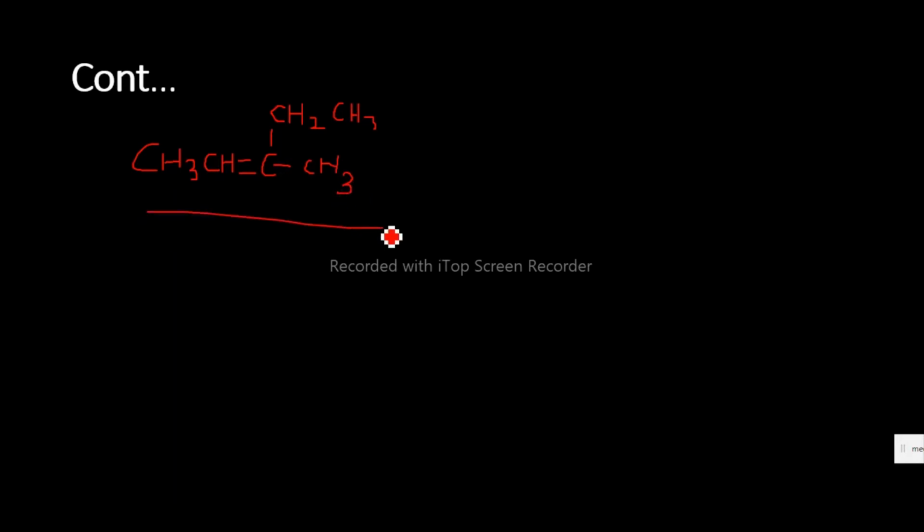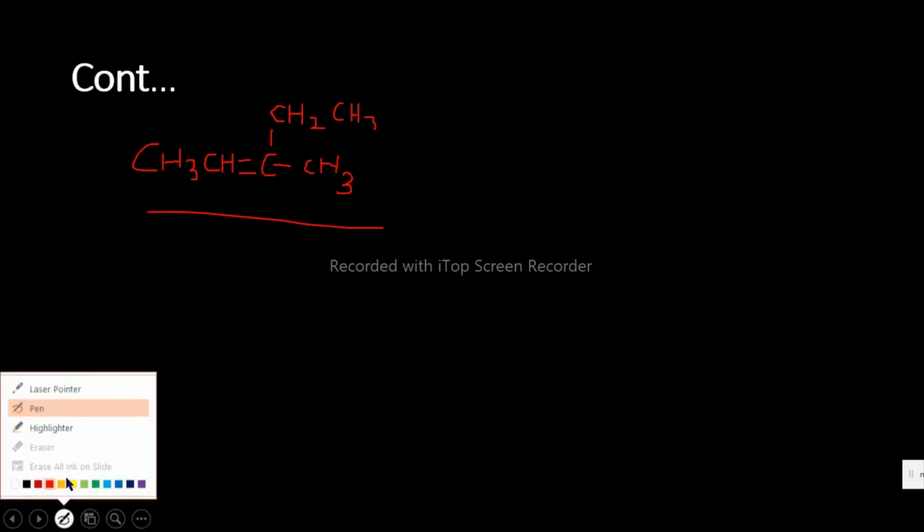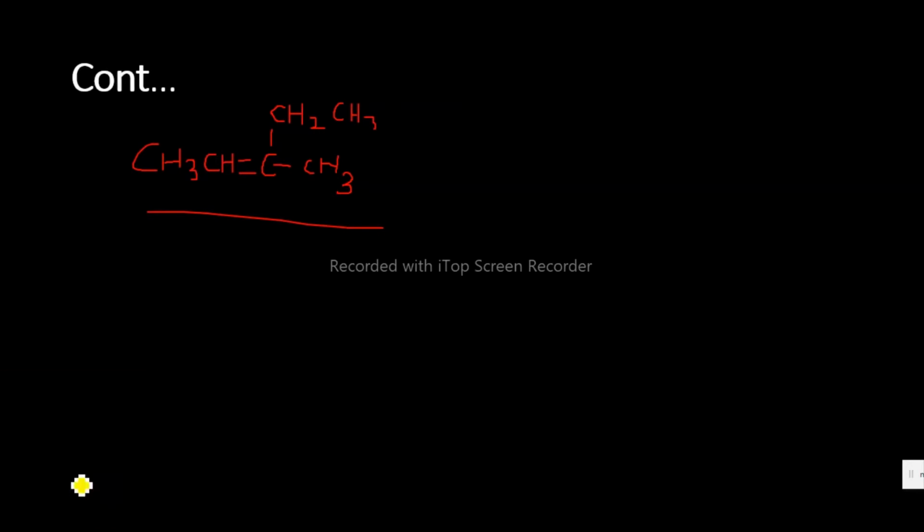So you try to name this. You have just 2 minutes, and I should find the name. If we count from here, let me get a yellow pen. You get 1, 2, 3, and 4.